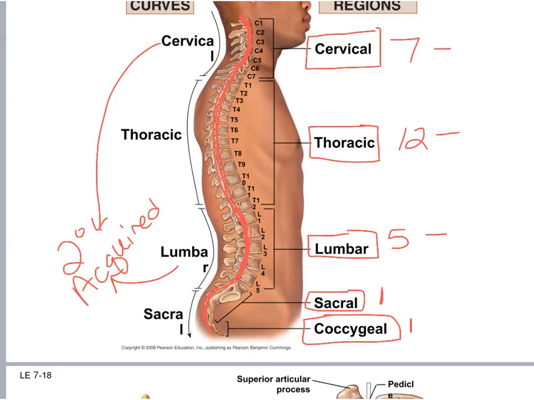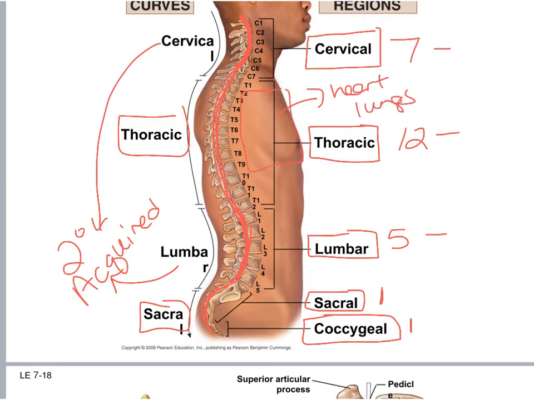Later on, they start to lift their arms up, and then they start to crawl, and then they start to walk, and that develops the lumbar curve. So those curves have to be developed. But the baby is born with the thoracic curve and the sacral curve. This is because in the thoracics, you have the heart and the lungs, so you have to have enough room in this ventral cavity.